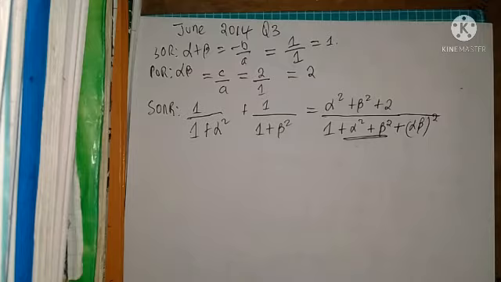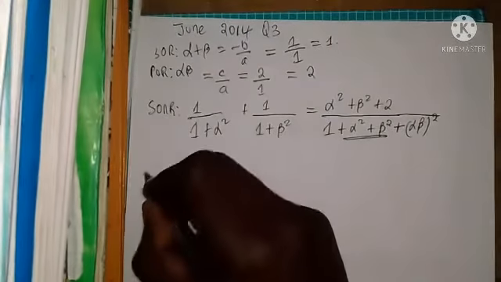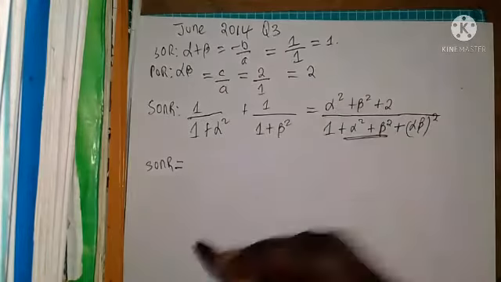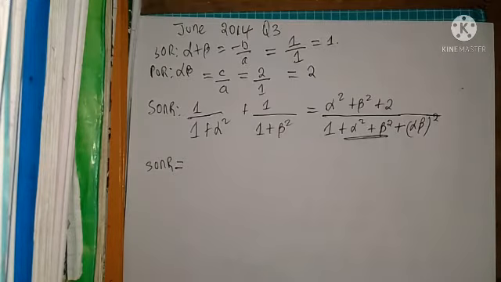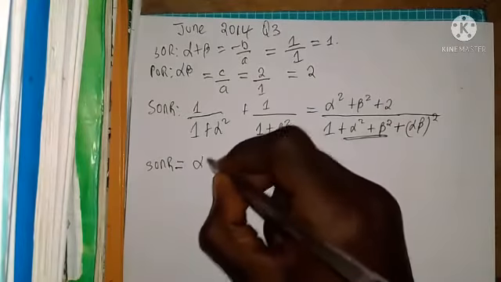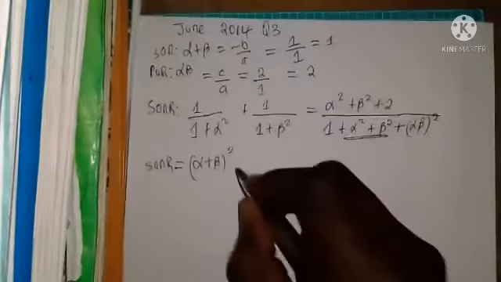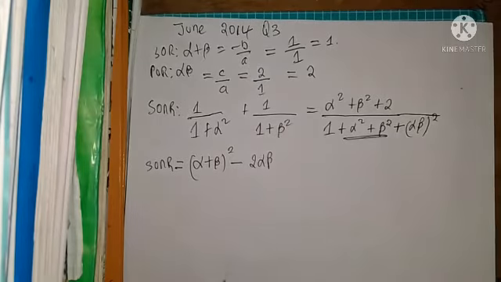Moving forward, we're going to have our sum of new roots equal to, now, the identity of alpha squared plus beta squared is alpha plus beta all squared minus 2 alpha beta.